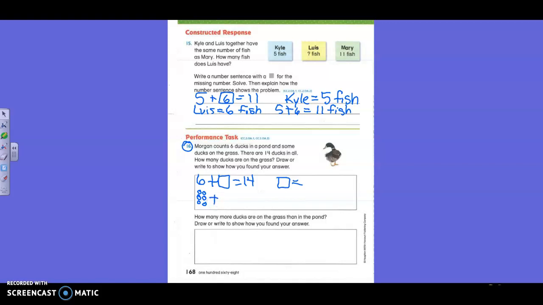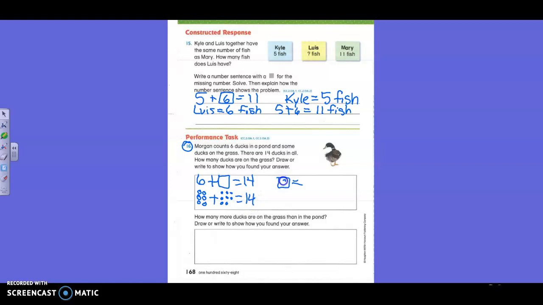We need to keep drawing circles to find 14. So let's just count. 6 plus 7, 8, 9, 10, 11, 12, 13, 14. How many things did we draw to get to 14? 8.